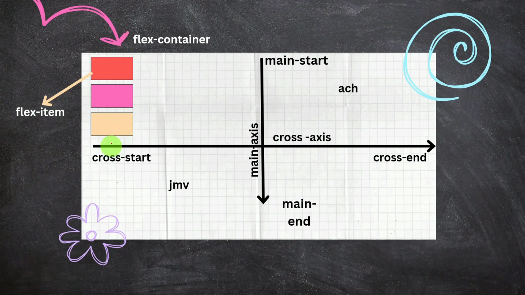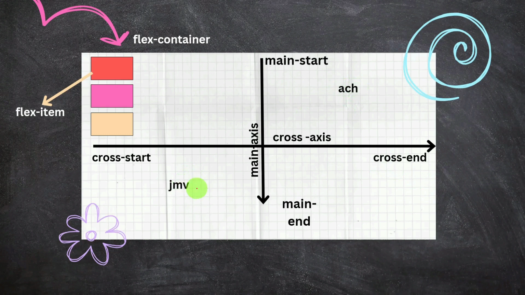As soon as I give column, that axis is now vertical. So now the vertical axis will be called the main axis. This will be the main start and this will be the main end. Then the opposite will be the cross axis, cross start and cross end.